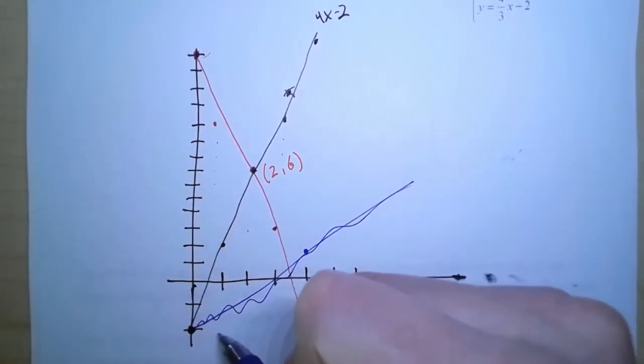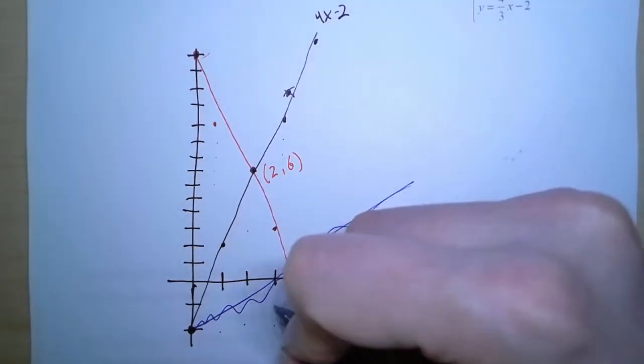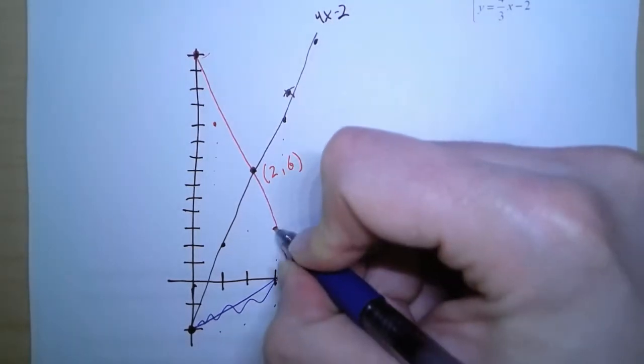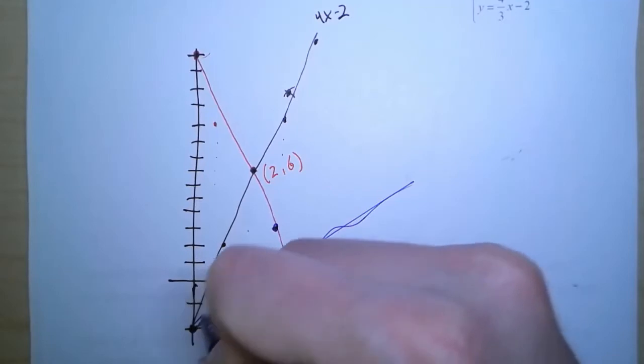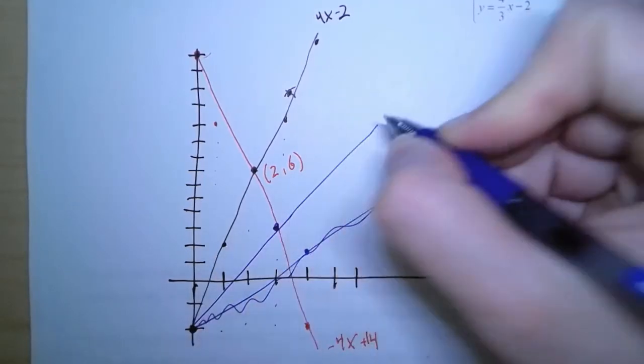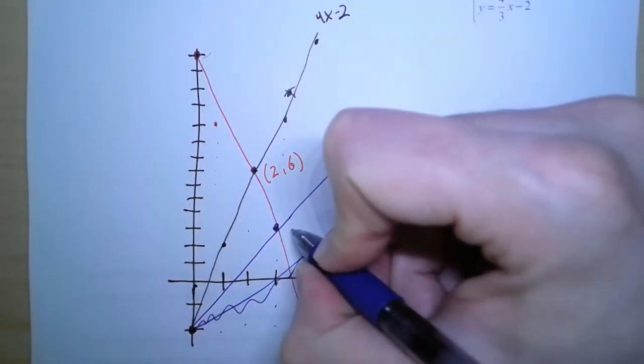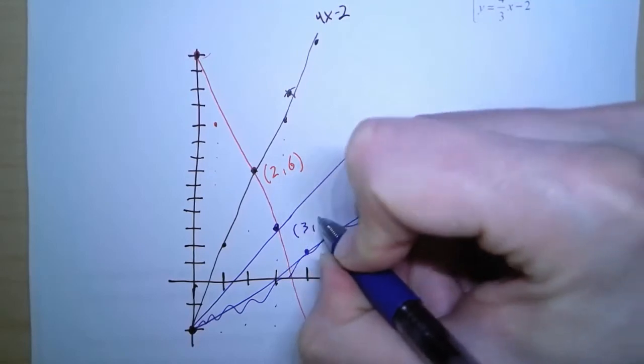I apologize. 1, 2, 3, and up 4, 1, 2, 3, 4 to there. And so this point is 3, 2.